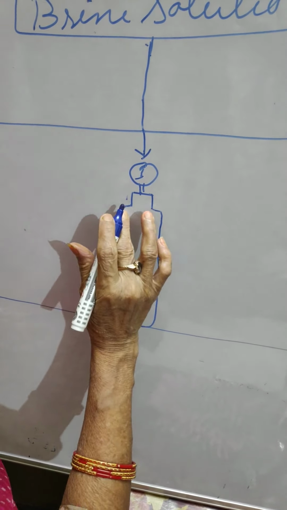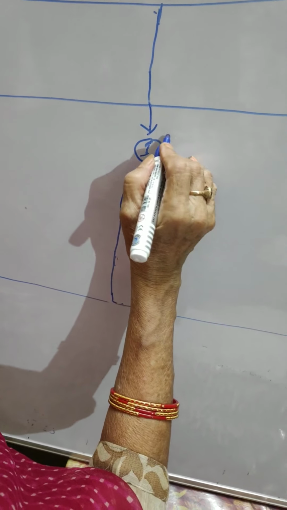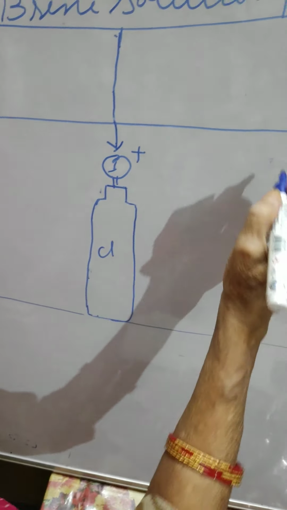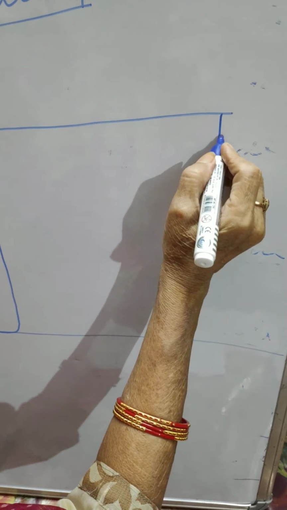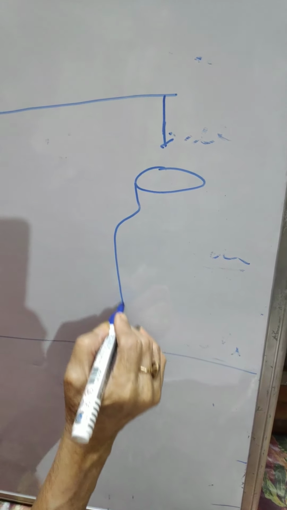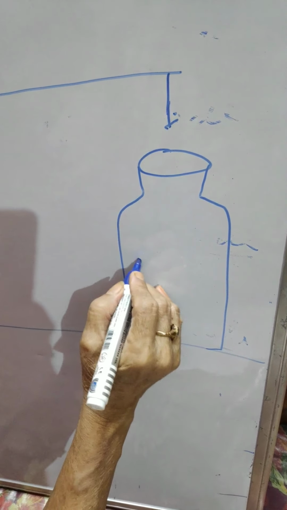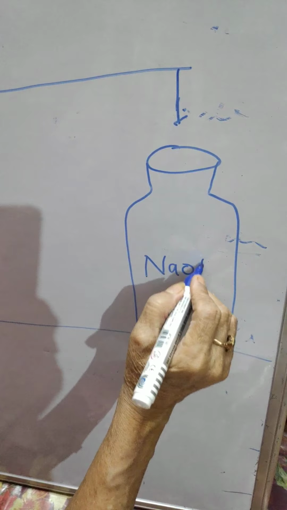Here it is chlorine at the anode, and it is sodium hydroxide.